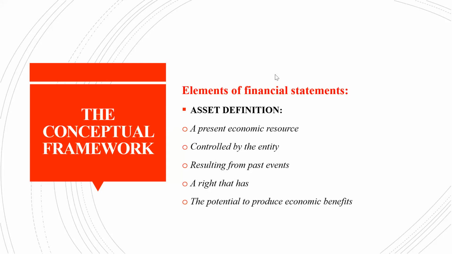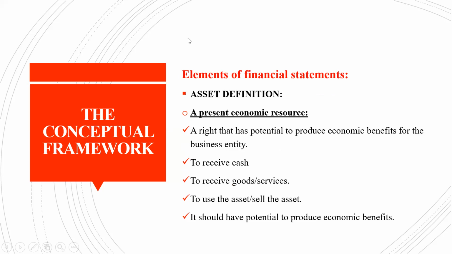We finished with the elements of financial statements, we've already explained this. Now, let's talk about the economic resource part. So a present economic resource, this is where, for example, a right is explained.